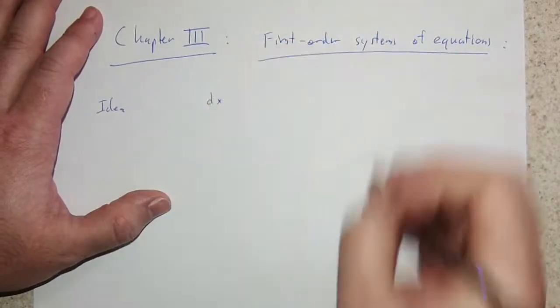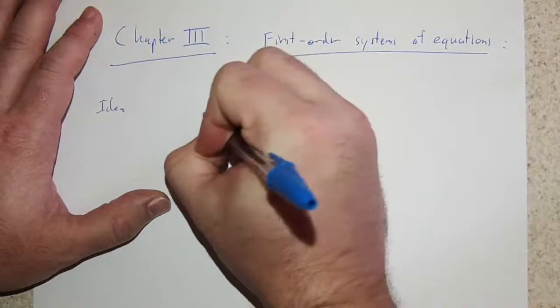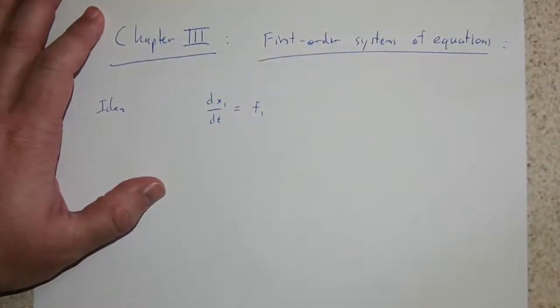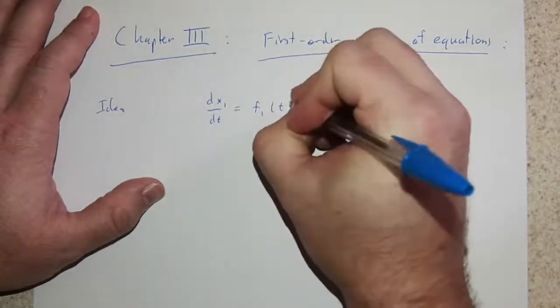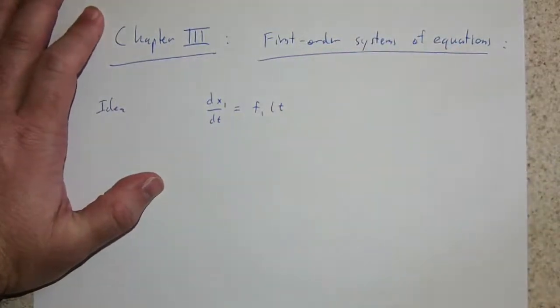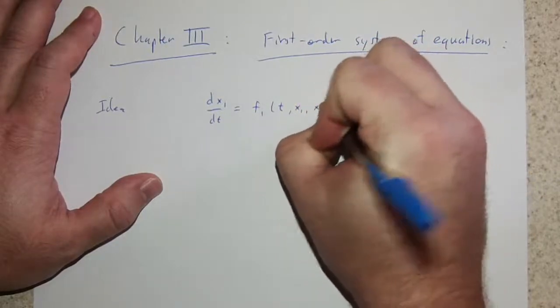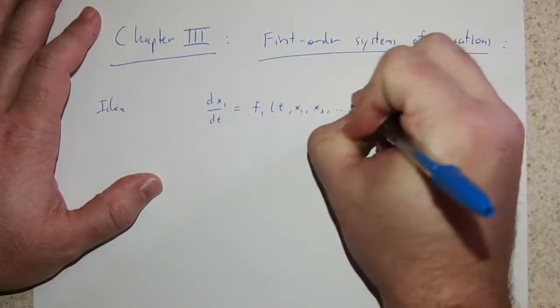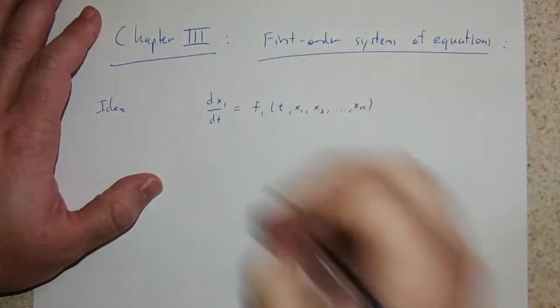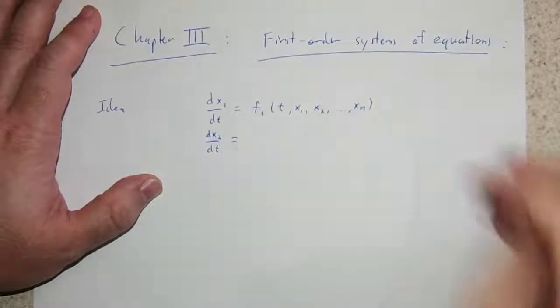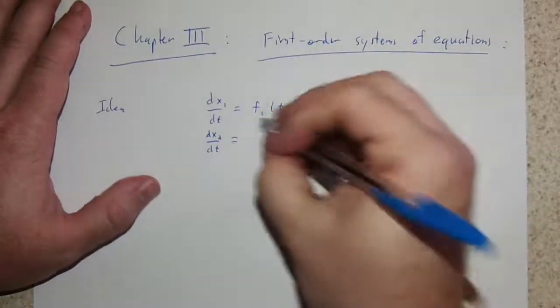So I have dx sub 1 dt is equal to f sub 1 of t and x sub 1, x sub 2, and so on all the way to x sub n. The second equation is the derivative with respect to t of x sub 2.